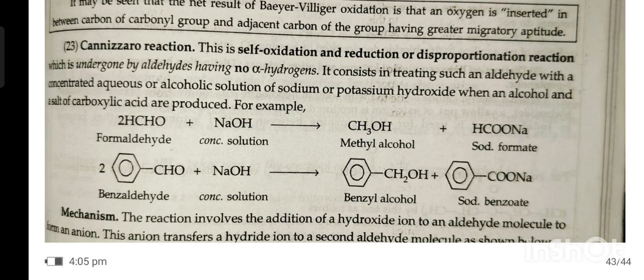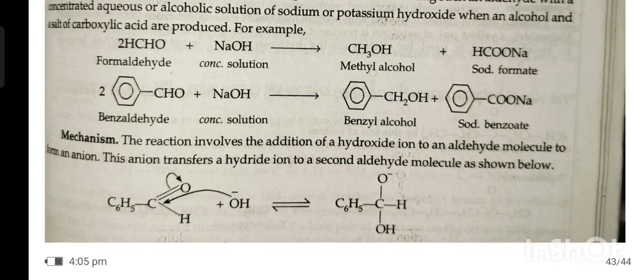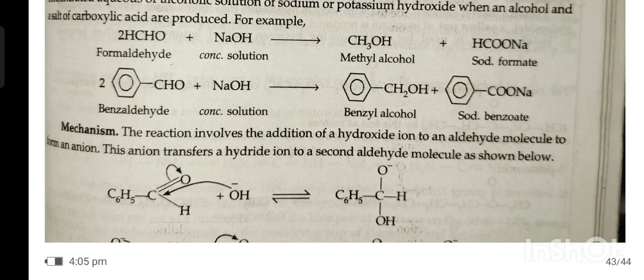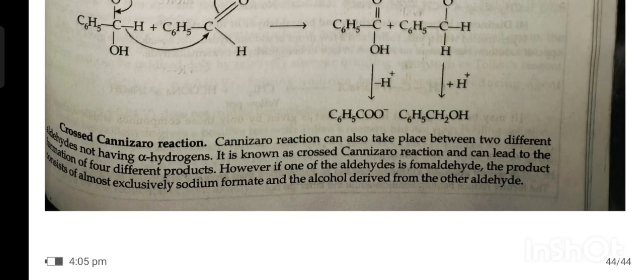For example, formaldehyde plus concentrated sodium hydroxide solution gives methyl alcohol plus sodium formate. Mechanism. This involves the addition of a hydroxide ion to an aldehyde molecule to form an anion. This anion transfers a hydride ion to a second aldehyde molecule as shown below.